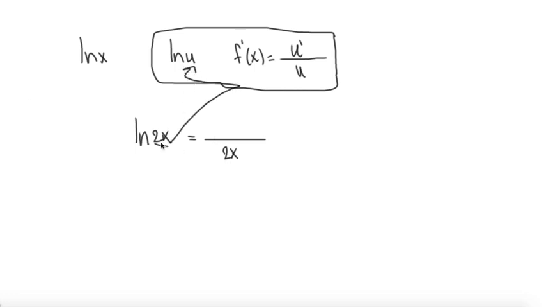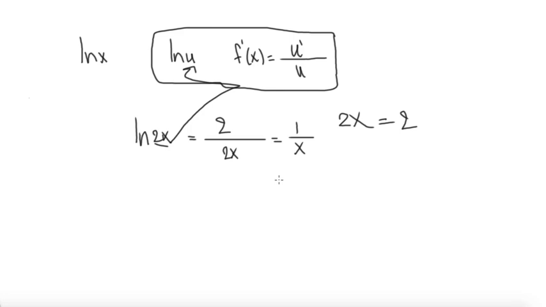Then we also need to take the derivative of this, so the derivative of 2x is 2, so it will be 2 over 2x, so it is 1 over x.